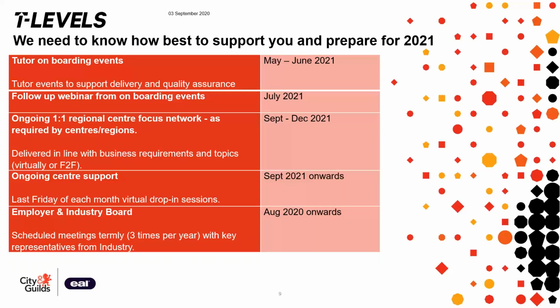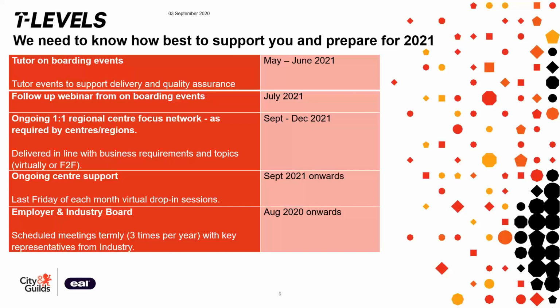Next slide, please. And then there's going to be some tutor onboarding events, May to June 2021. And it's going to be to support the tutors in delivering and also the quality assurance of the qualifications as well. July 2021, there's going to be a follow-up webinar for onboarding events.